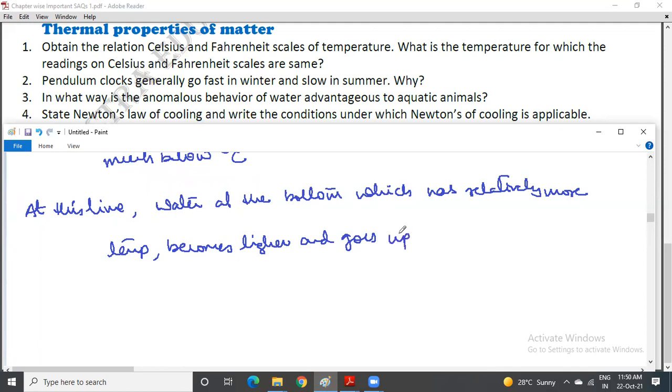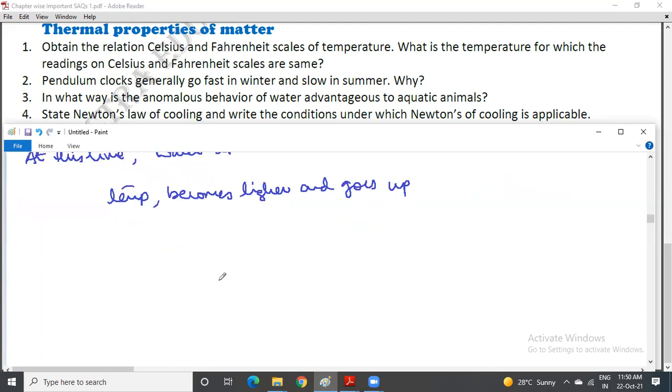So you need to understand like this. Let us say this is the pond. So this is the topmost layer.